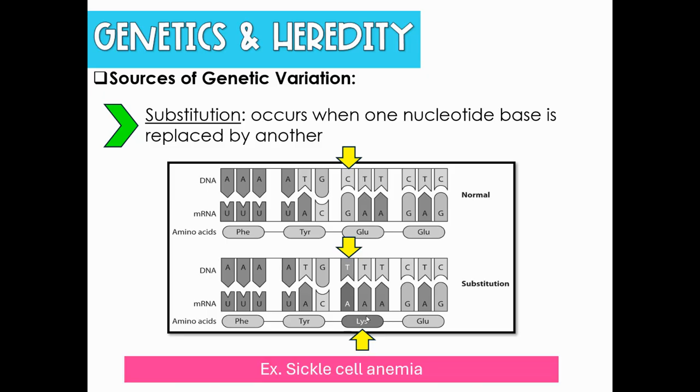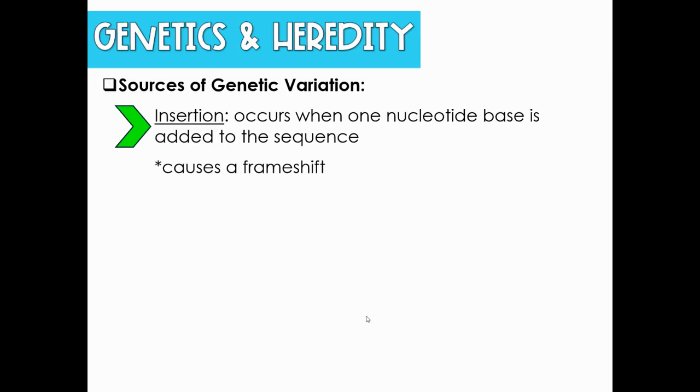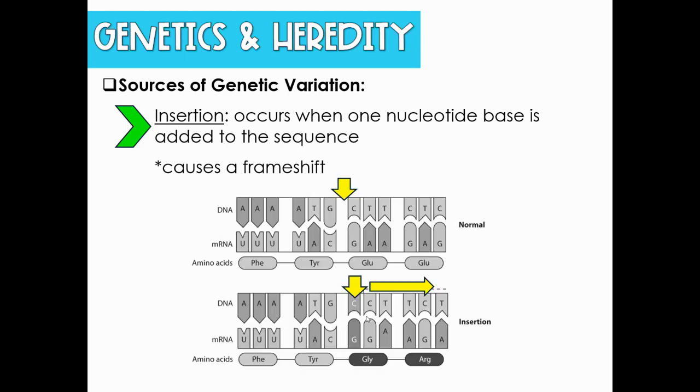A great example of a substitution mutation is sickle cell anemia. We talked about that one this year. I just wanted to remind you that that was an example of a substitution mutation. You can also have an insertion mutation. This is going to occur when one nucleotide base is added to the sequence. And what this is going to do is it's going to cause a frame shift. So everything's going to be shifted down.